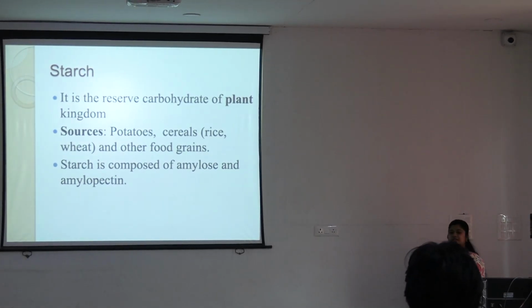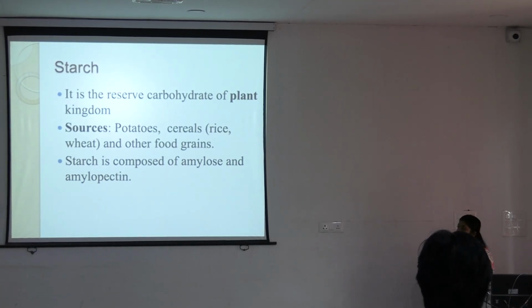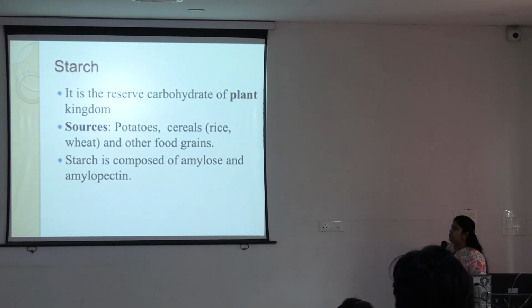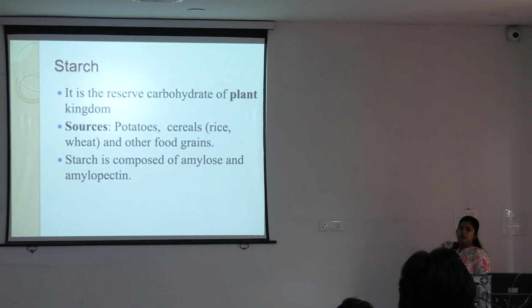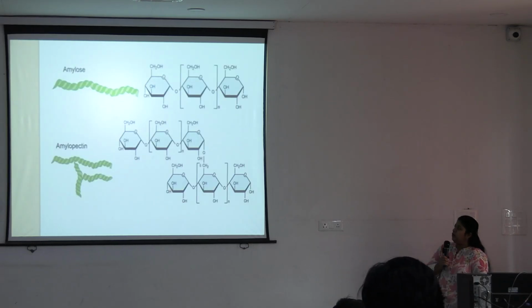It is the reserve carbohydrate in plants. What are the sources? Mainly cereals and vegetables containing starch, like potatoes. It is composed of amylose and amylopectin.